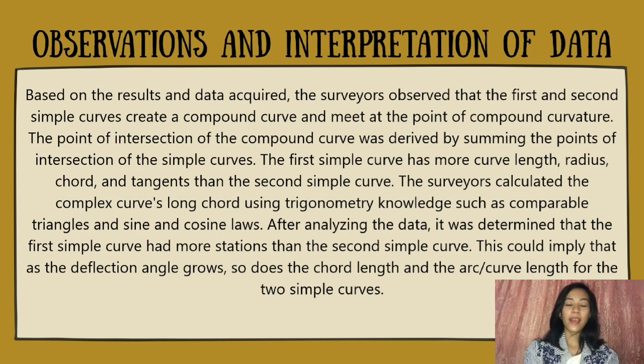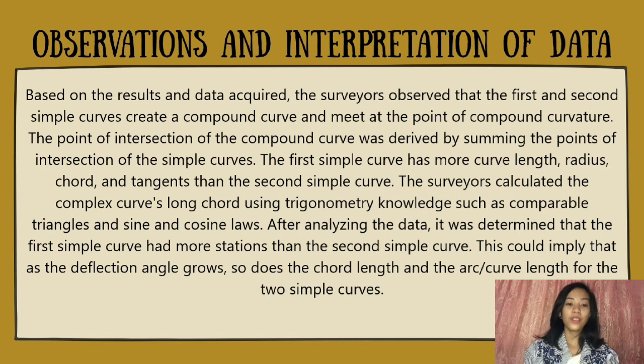So basically, in laying out a compound curve, we use the concepts of simple curves, and by deflection angle, we were able to determine that as the deflection angle increases, the curve length and the chord length of the two simple curves in the compound curve also increase. In this activity, we were able to use basic trigonometry knowledge such as triangle similarities and the laws of sine and cosine.